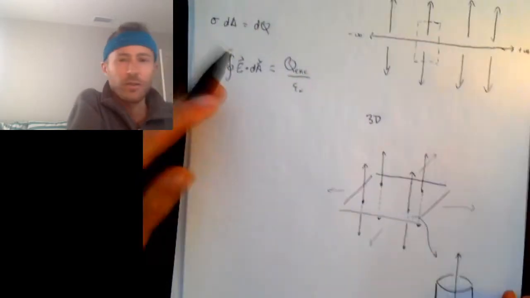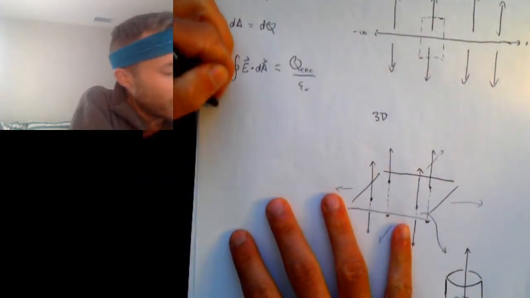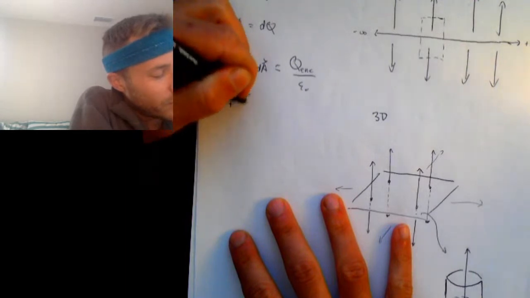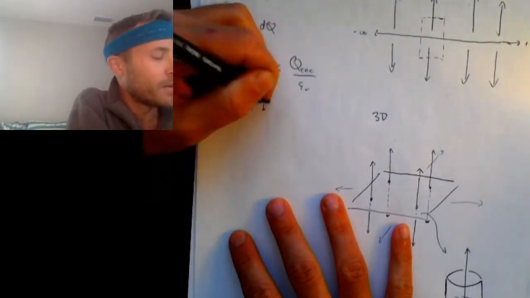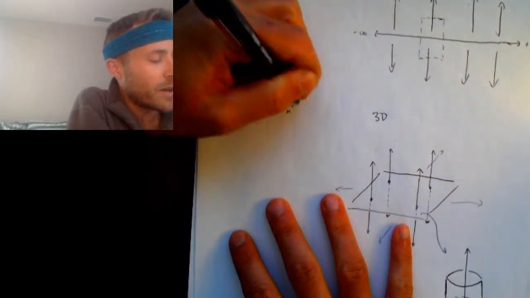So the left-hand side is going to be E top dot A top plus E bottom dot A bottom plus E middle dot A middle.